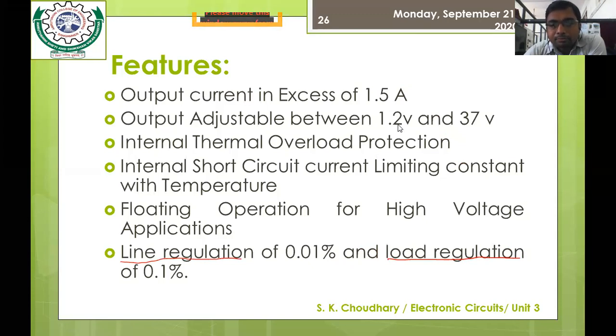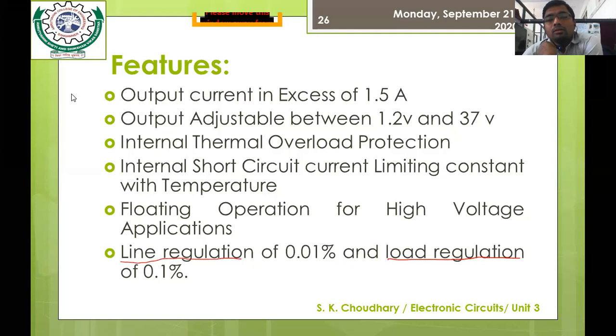Go Rutuja, answer. Shital Sangle. Ability of power supply to maintain constant output voltage, with respect to what?